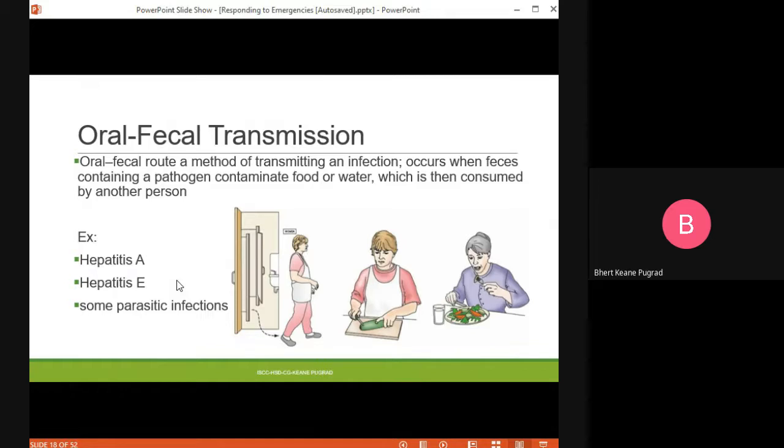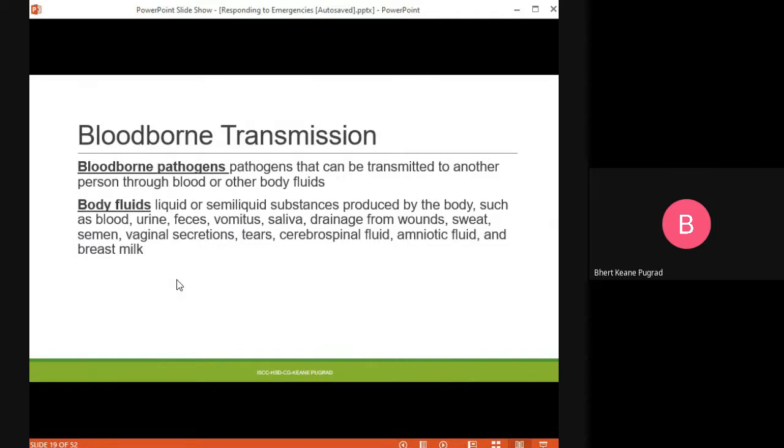Hindi ka naghugas ng kamay mo and then you prepare the foods, okay? And then you let your patient eat the food that you prepare. Ang problem doon is your oral fecal transmission. So examples of your oral fecal transmission would be hepatitis A, hepatitis E, and other forms of your parasitic infections.